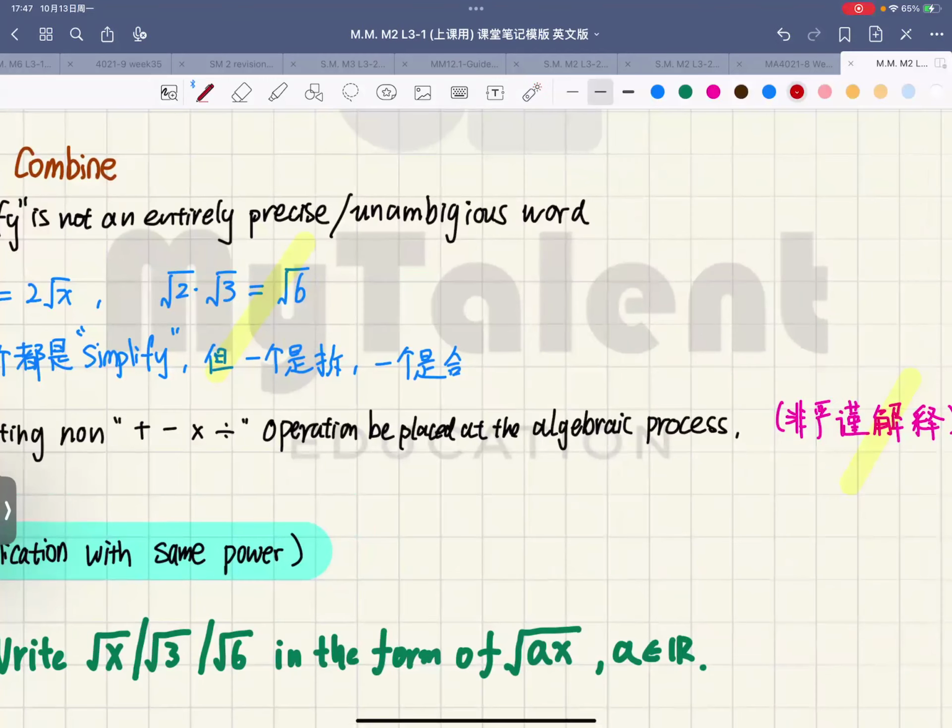When we talk about simplify, it could include combining something, or expanding something, or standardizing something.